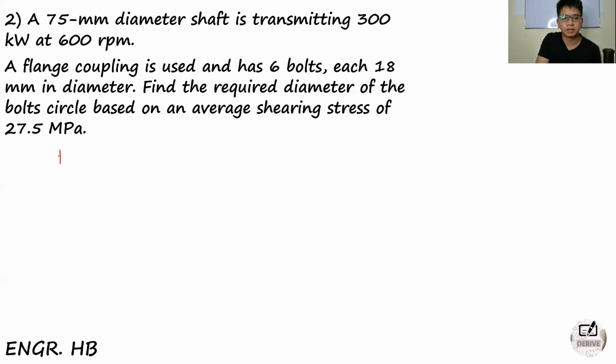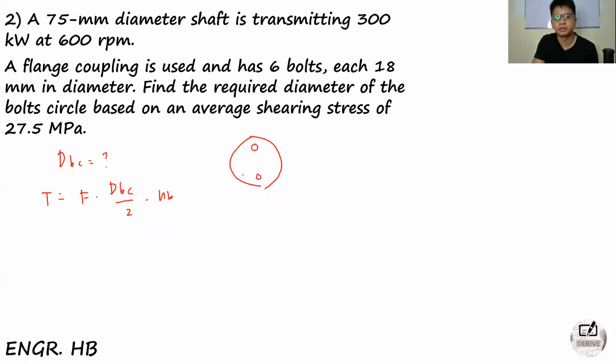Bolt circle is designated by DBC. We all know that torque in the coupling design is force times DBC divided by 2 times the number of bolts. If this is your flange coupling, of course there is torque and forces, and you have a number of bolts.